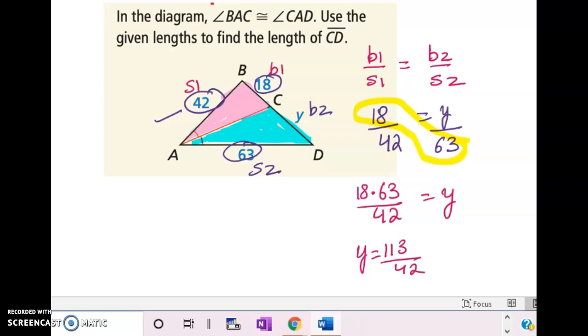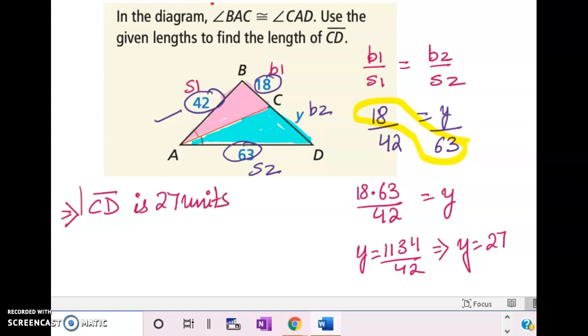This is 1134 divided by 42. So this will give you y is equal to 27. So I can conclude my answer as segment CD is 27 units. And we are done with our answer.